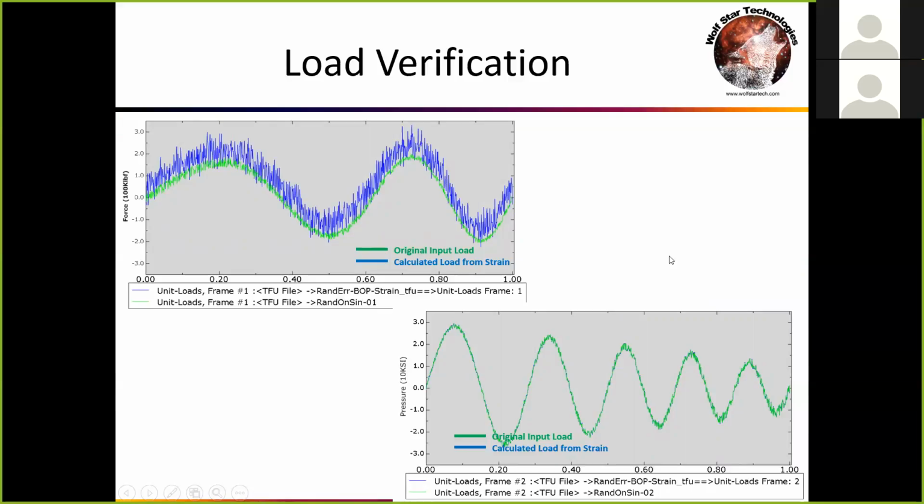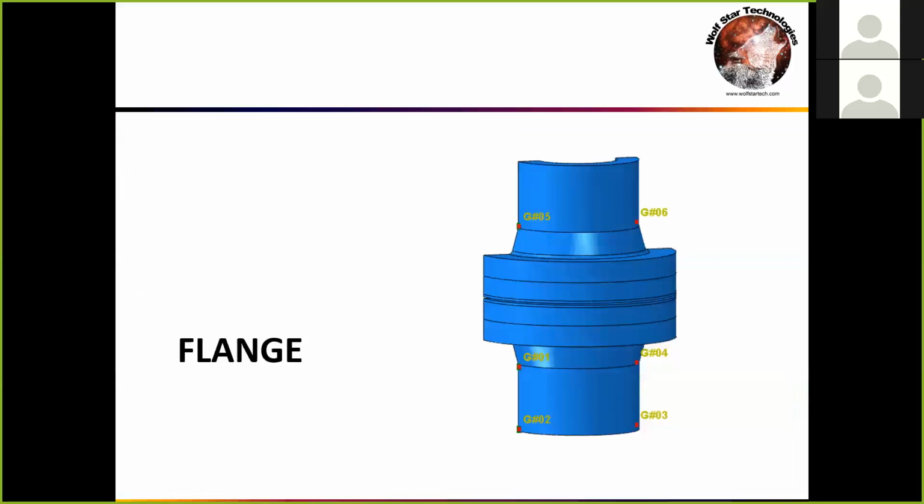So showing that the compression force was a little bit more sensitive to strain variation than the internal pressure. But nonetheless, these are still, I think, excellent correlations to the loading that was applied versus what we back calculated. Okay, same exercise now on the flange.